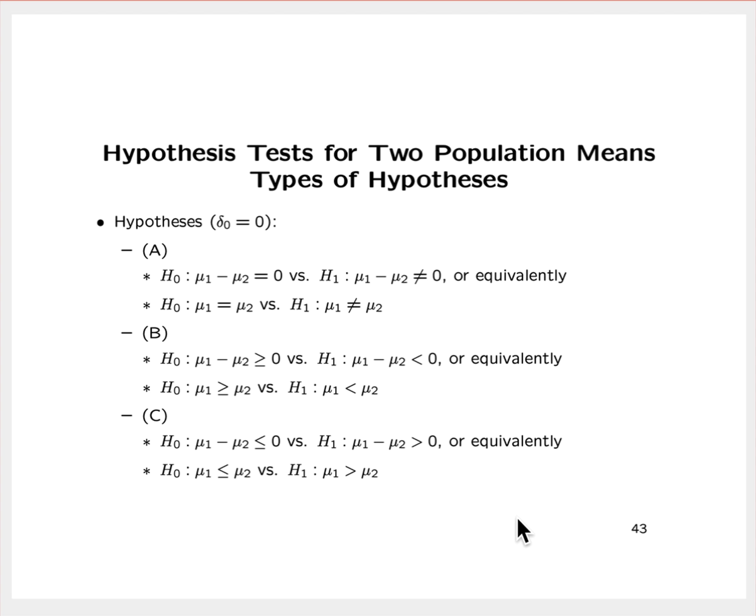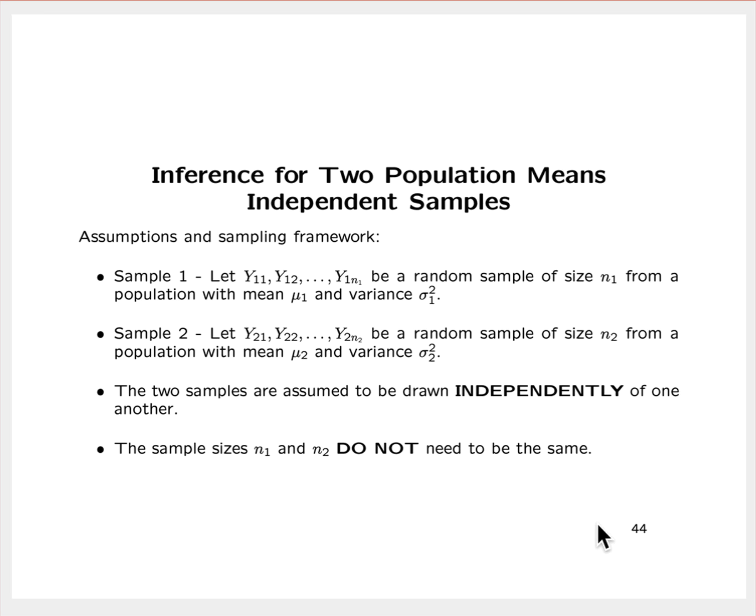So let's talk about the assumptions and the sampling framework for the situation where we're dealing with independent samples. And so we're going to have 2 samples, one sample from each of our 2 populations. We need to denote the observations within each of these samples.